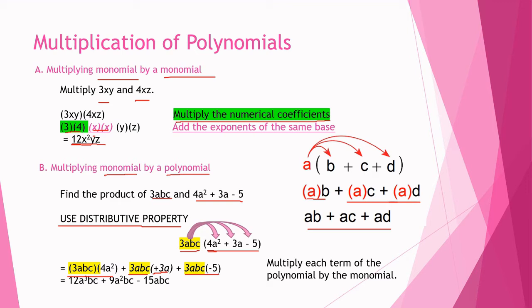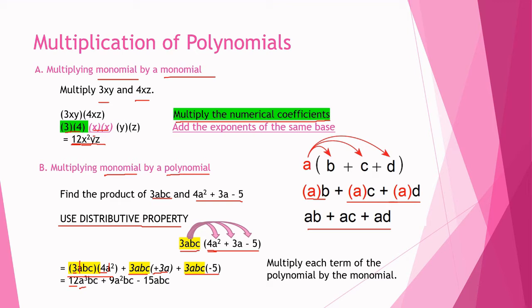So simplifying, we multiply the numerical coefficient, 3 times 4 equals 12. Add the exponent of the same base, we have a and a squared. So we have a cubed. Then, bring down b and c kasi walang kaparehas.